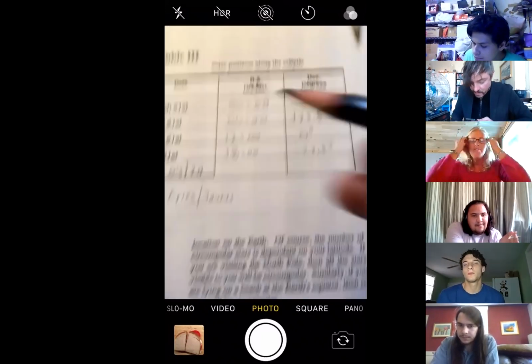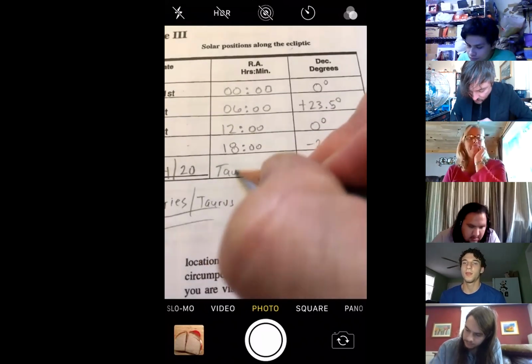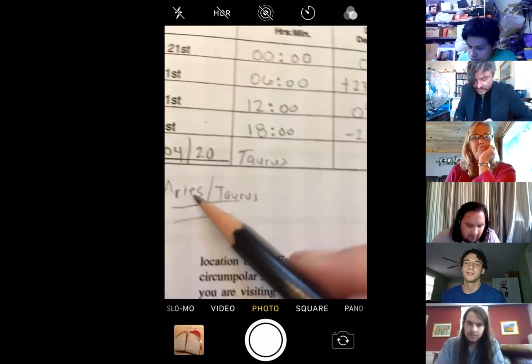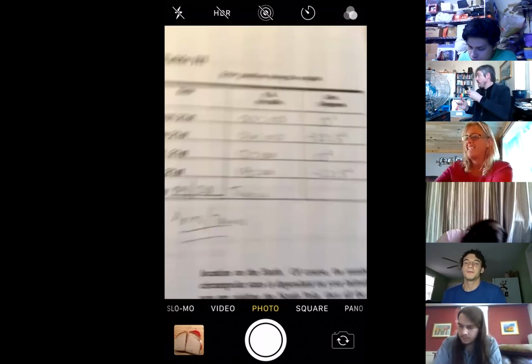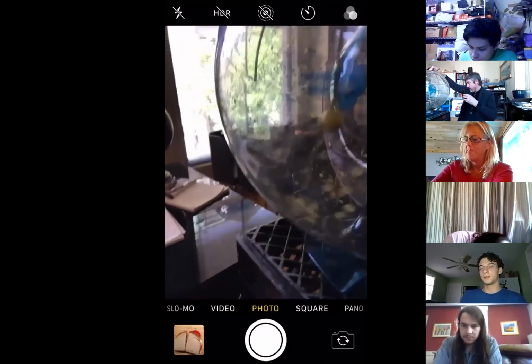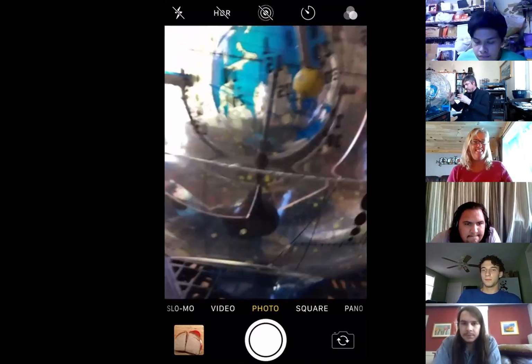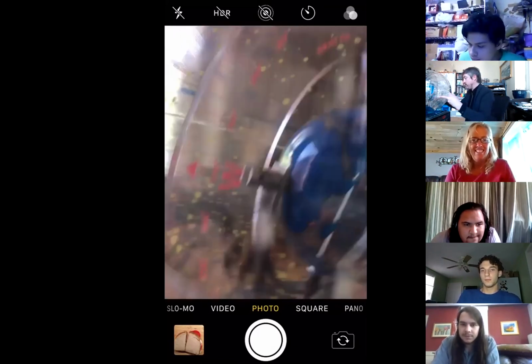So maybe I'll put that under here. Sometimes people say it's Taurus, but it's like an Aries-Taurus cusp. Now, let's move the sun to the date of my birthday. So here I am on April 20th. Bear with me, class.